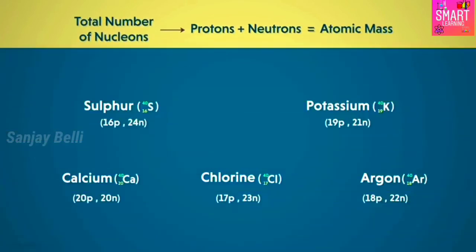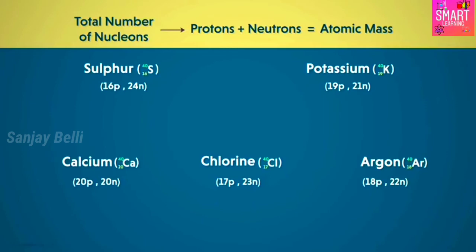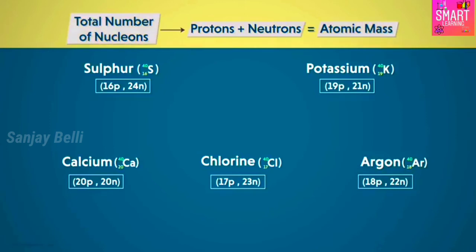So coming back to our example, there are 5 different atoms here. Although the number of protons and the number of neutrons is different in each case, the total number of nucleons in each case is the same, which means the atomic masses are the same. How? Yes, it's simple math. One of the sulfur isotopes that we have taken as an example has 16 protons and 24 neutrons.